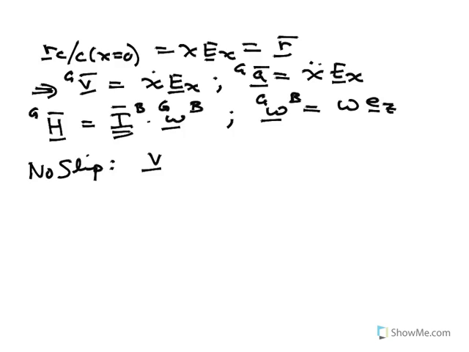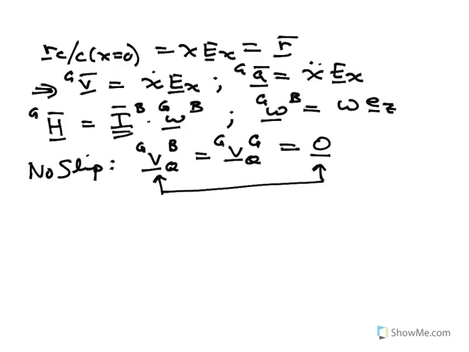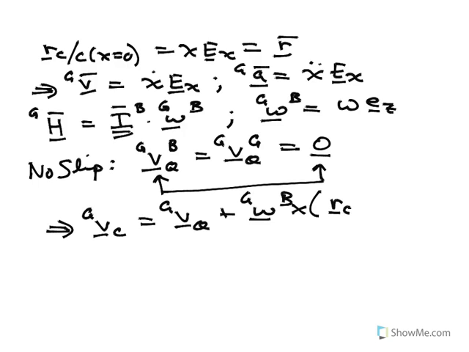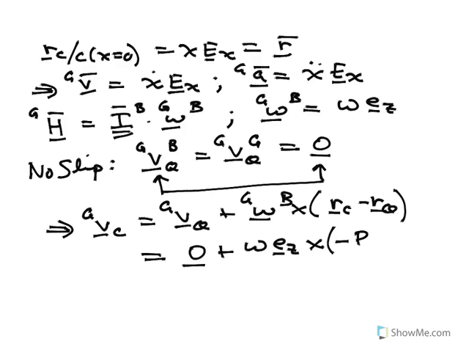The no-slip condition says the velocity of point Q on the body in the ground has to equal the velocity of point Q on the ground in the ground, but that is equal to 0. So now we know that the velocity of point C is equal to the velocity of point Q plus the angular velocity of the body crossed with RC minus RQ. But the velocity of Q is 0, and this is omega ez crossed with minus r ey.